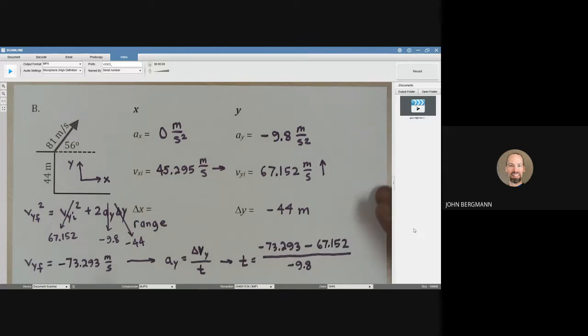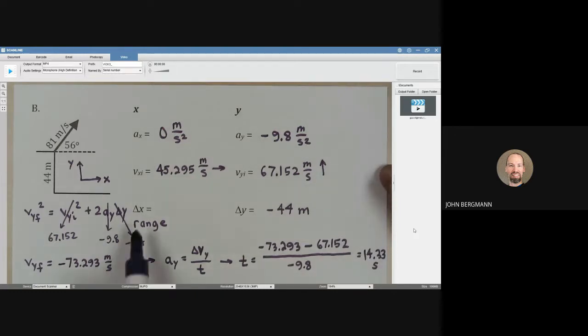You might remember that when we were talking about conceptual projectile motion problems, doing them in our head, we decided that the vertical velocity changed by about 10 meters per second every second. And so we can calculate this projectile to stay in the air for about 14.33 seconds.